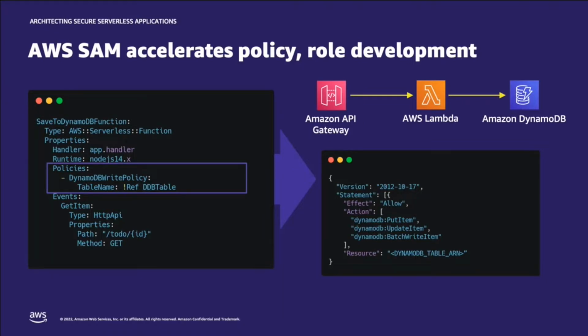These are the recommendations to automate everything. And of course, the AWS serverless application model accelerates this policy and role development because it creates everything for you. And of course, you can configure this when you are working with this particular framework.